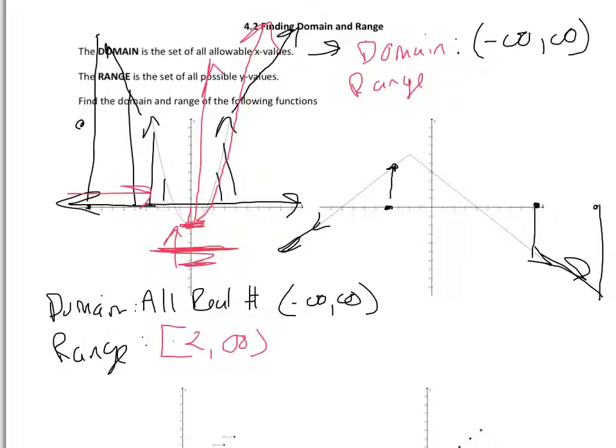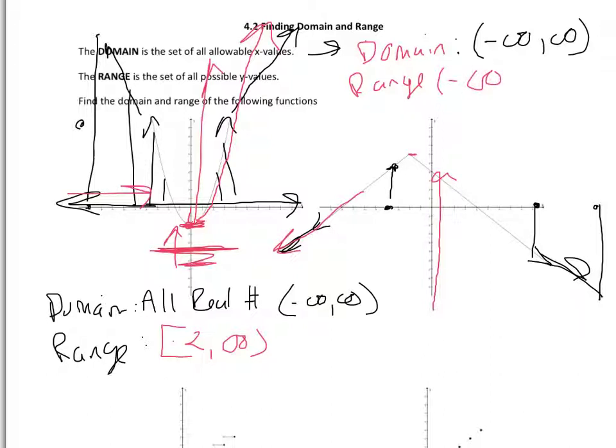Now, the range is what y values are happening. Notice, because this is going down, it's going to keep going down all the way to negative infinity. So as we're reading from the bottom up to the top, this is going all the way down. It goes as low as you want in terms of y. So it starts at negative infinity and then goes all the way up to here.